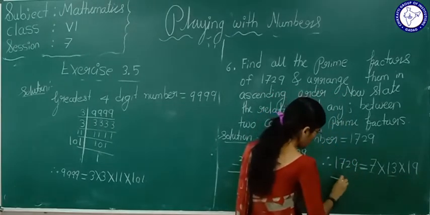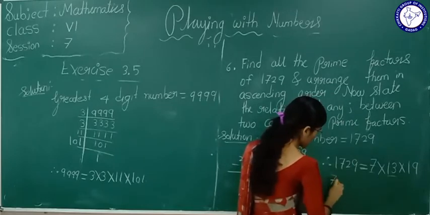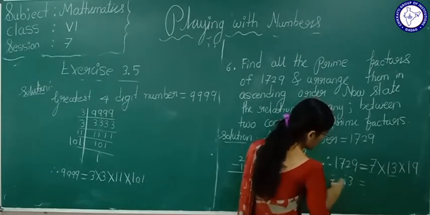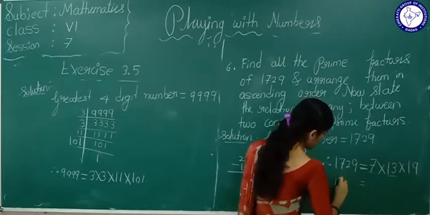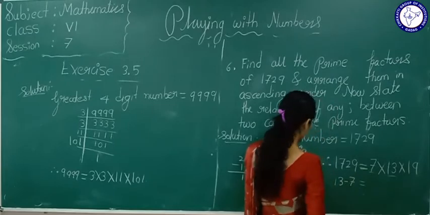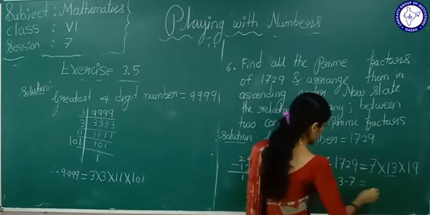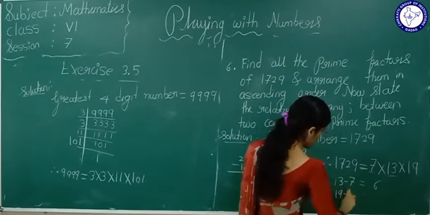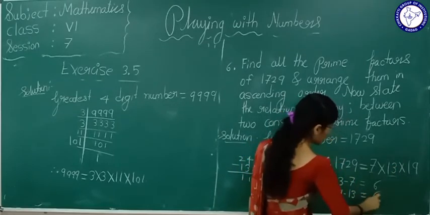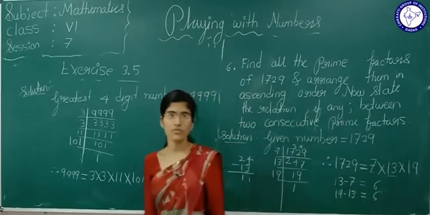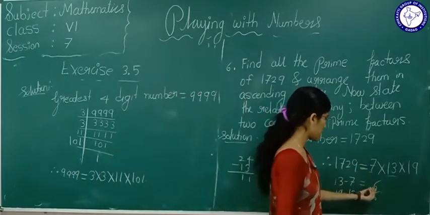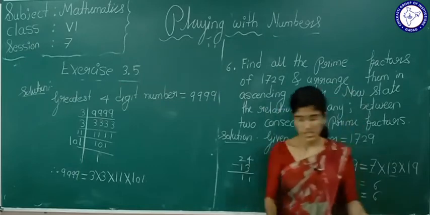Now see here, what is 13 minus 7? 13 minus 7 is 6, right? What is 19 minus 13? It is 6. Yes or no? 13 minus 7 is 6, 19 minus 13 is 6.